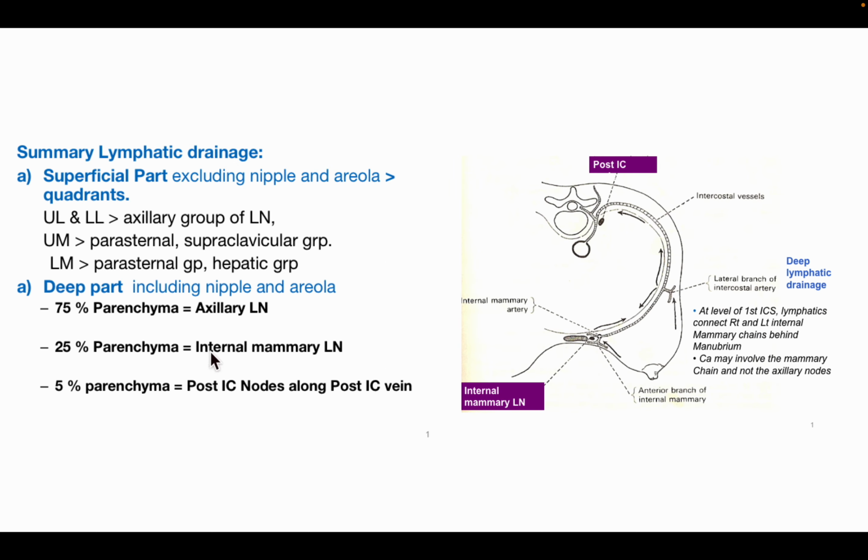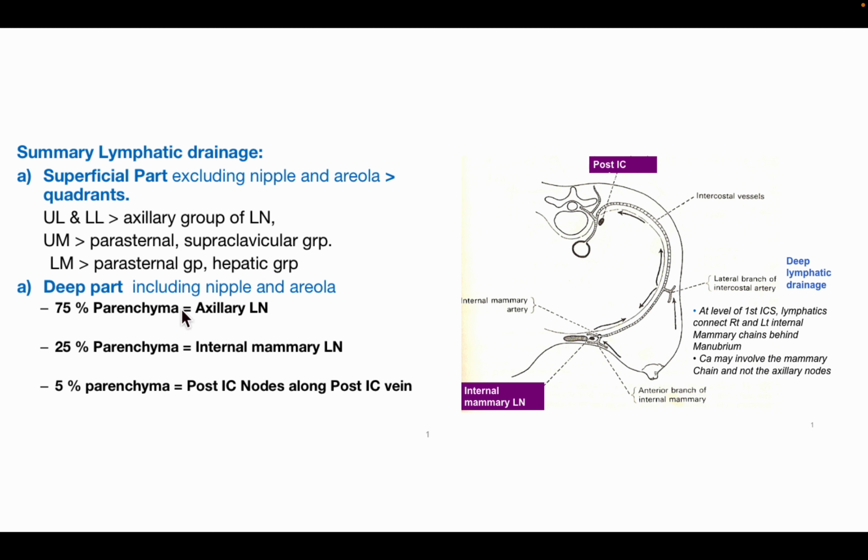Now if you see the overall lymphatic drainage, the superficial part, excluding the nipple and areolar area: upper lateral and lower lateral drain into the axillary group of lymph nodes, upper medial into the parasternal and supraclavicular lymph nodes, lower medial into the parasternal lymph nodes and hepatic group of lymph nodes.